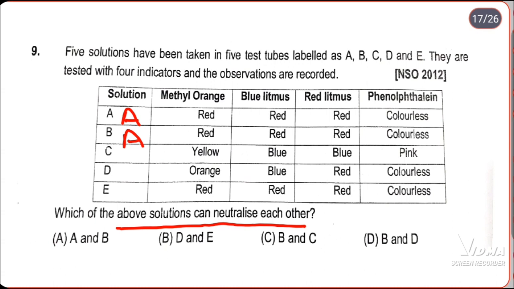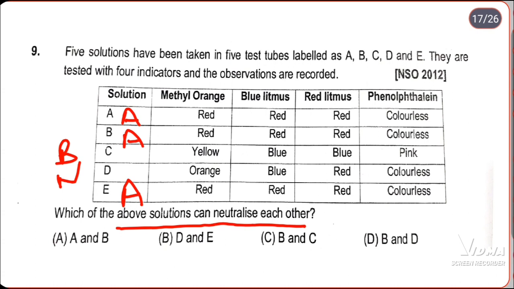So C is base. D: methyl orange yellow, blue litmus blue, red litmus red and phenolphthalein colorless. So it is neutral in nature. E: methyl orange to red, blue litmus to red, red litmus to red and phenolphthalein to colorless. So E is acidic.